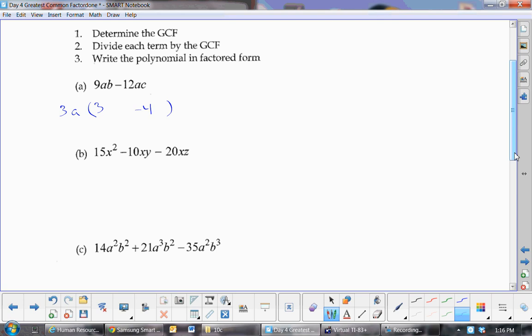And B's, nothing. There's nothing common to take out, is there? You just leave it. And it should make sense, right? 3A times 3B is 9AB.